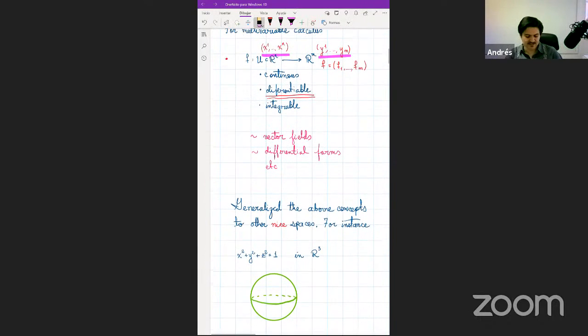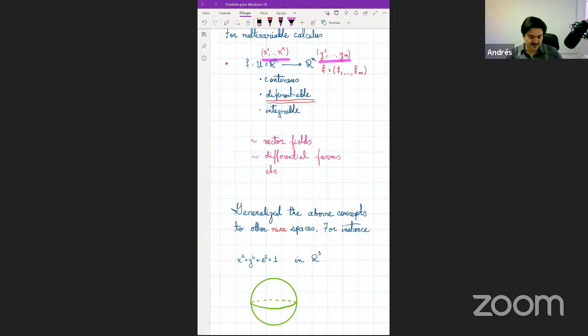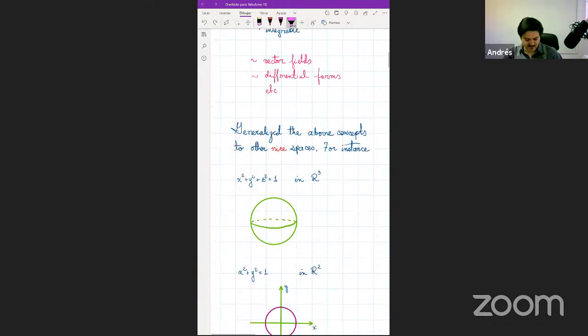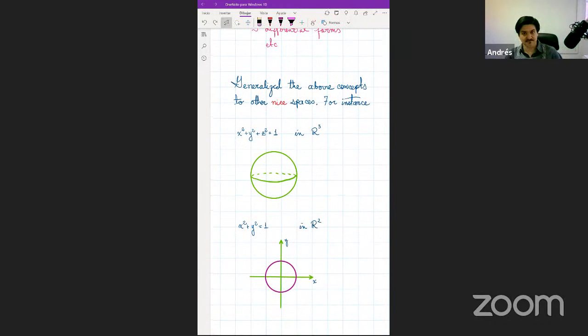Again, because here you're required to have an open subset, and the circle is closed. So these two will be examples of manifolds that we will see later on. And now on those spaces, you will be able to talk about differentiable functions, something that you cannot do at this point.